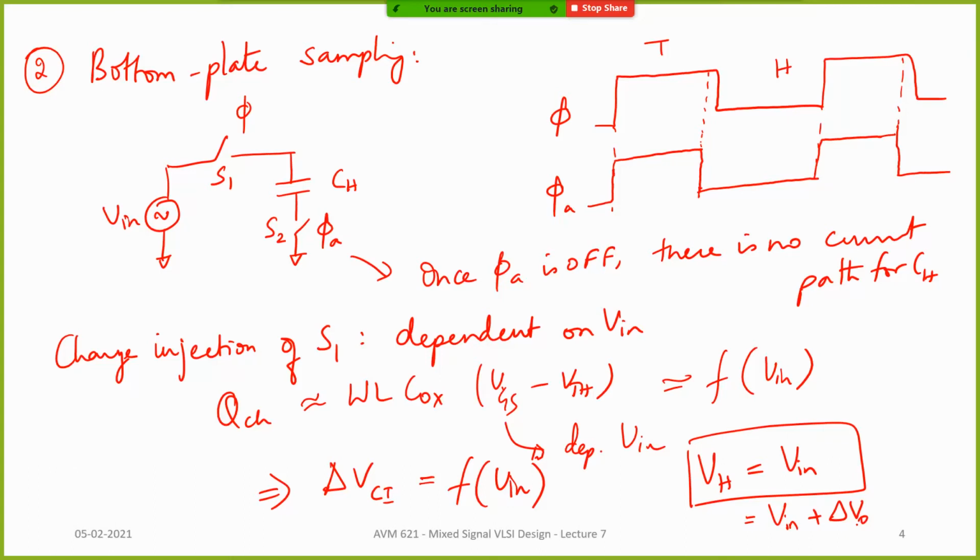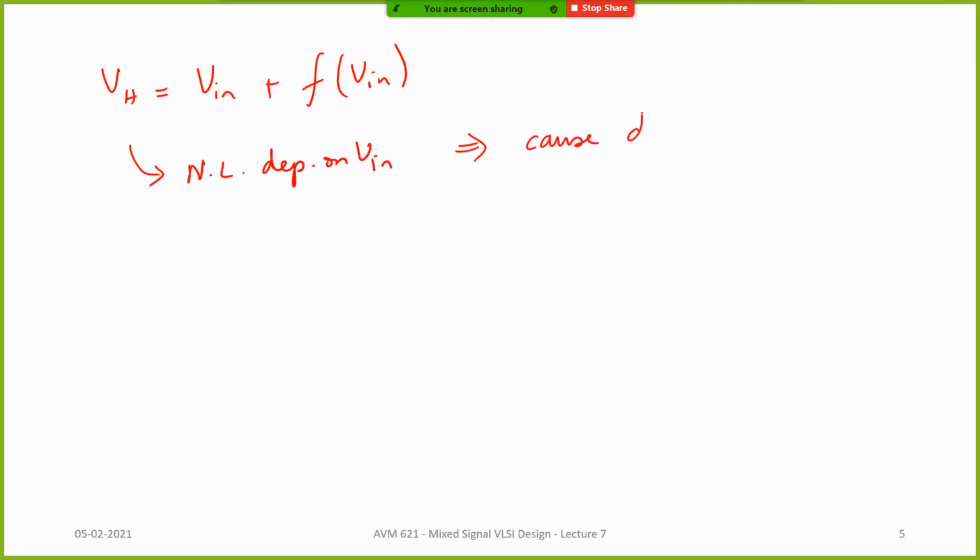But if you have VH equal to Vin plus some nonlinear function of Vin, then VH is now going to be non-linearly dependent on Vin. So what happens? This will basically cause distortion.